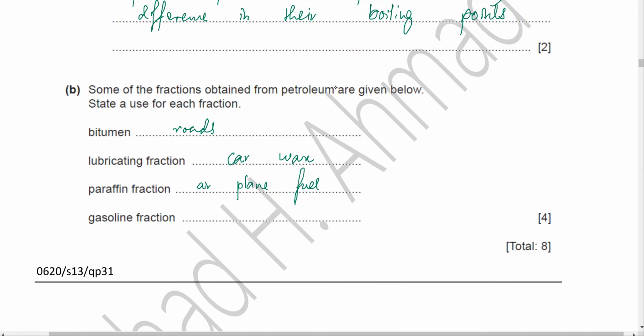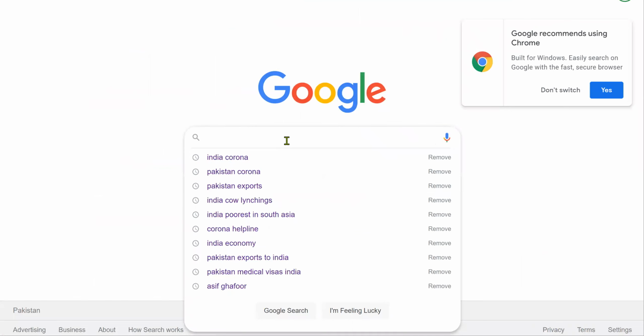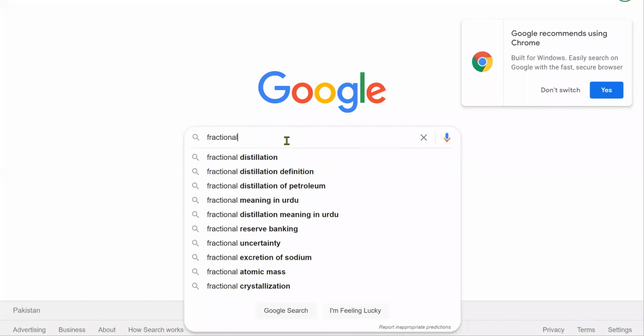Why don't we simply Google it? Just one second, there would be an image. Fractional distillation of petroleum.